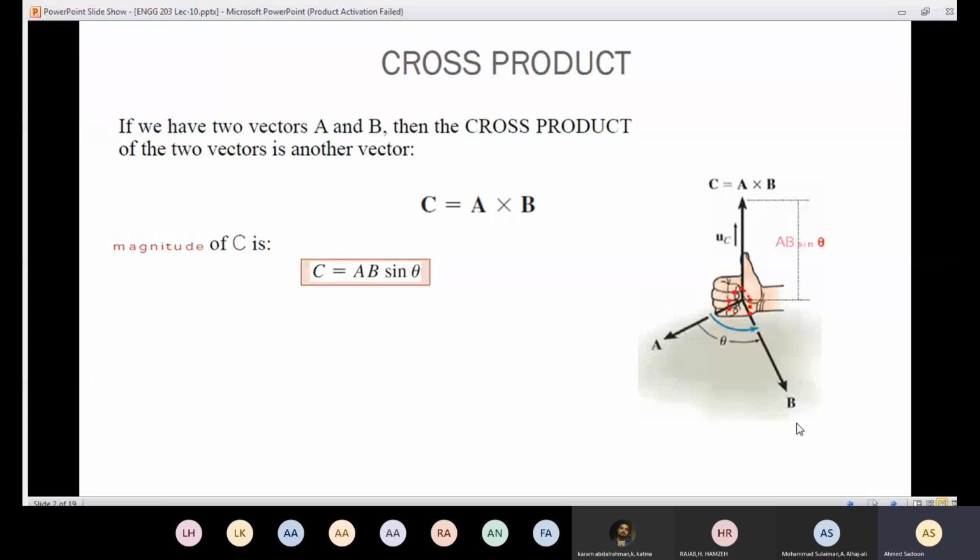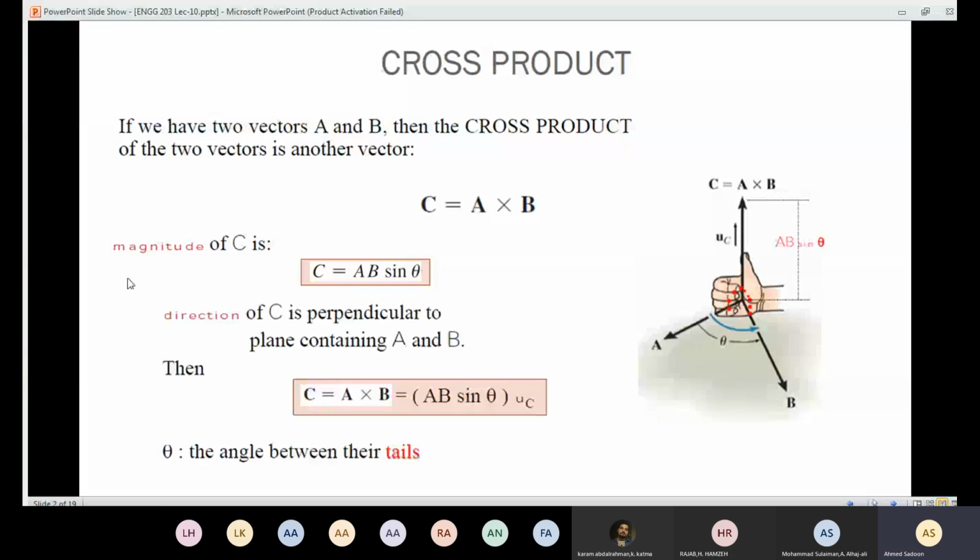Similarly, we can also know the direction of the C vector. We said that the direction of C is perpendicular to the plane containing A and B. So if I make a plane from A and B, then the new vector is going to be perpendicular to that plane.